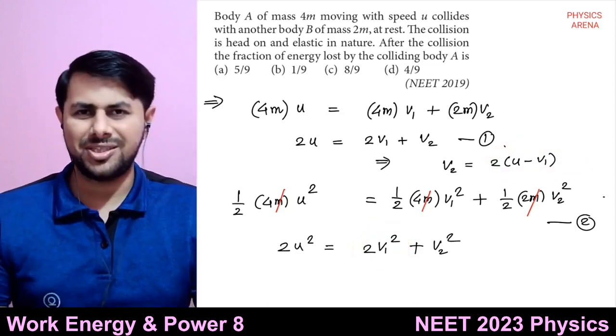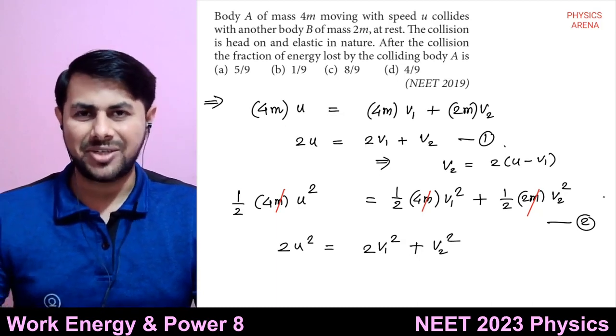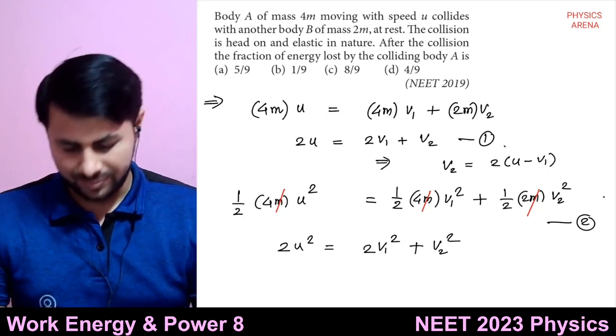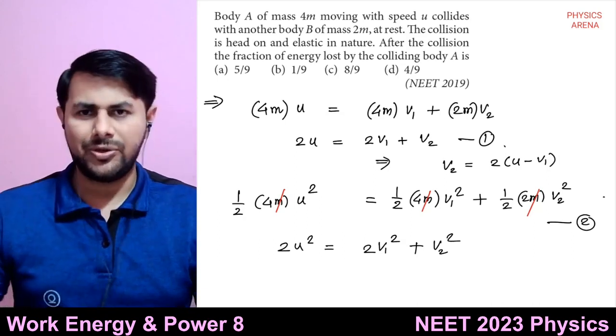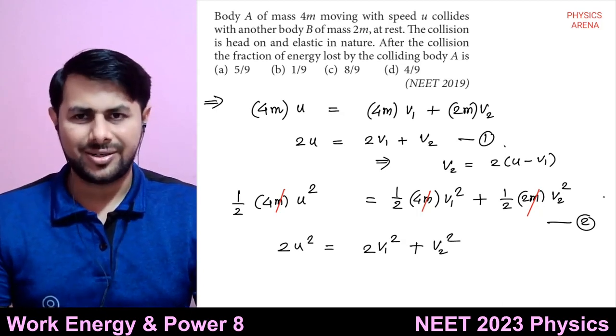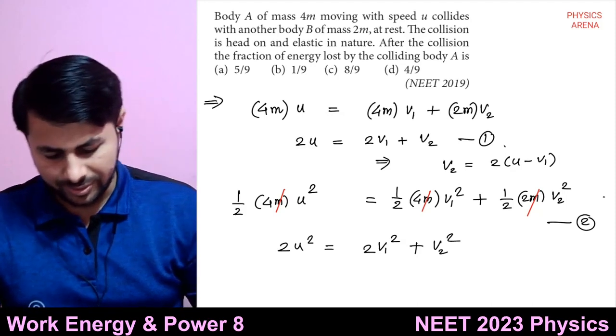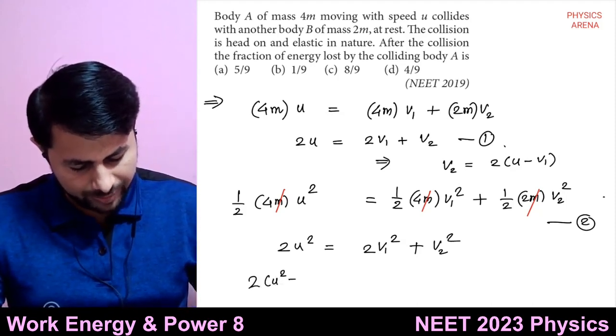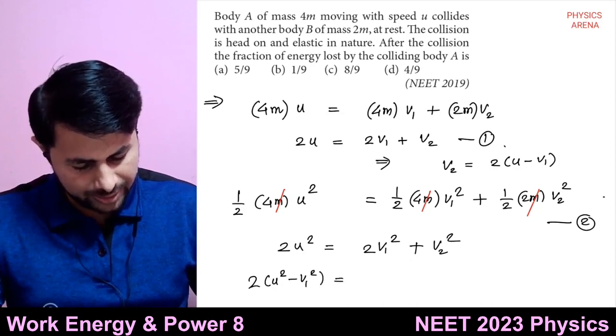We'll use the same trick that we had used in deriving the expressions for v1 and v2. If we don't do that, what will happen? We'll have to square, right? So we'll avoid that. So 2 times u square minus v1 square is equal to v2 square.